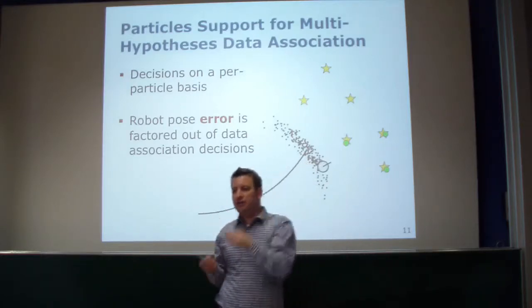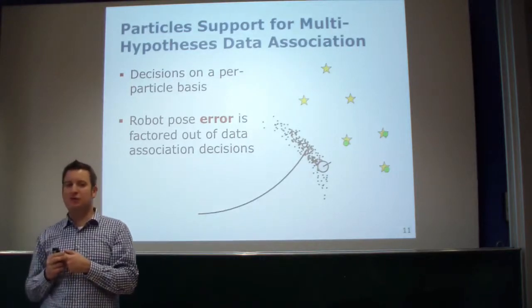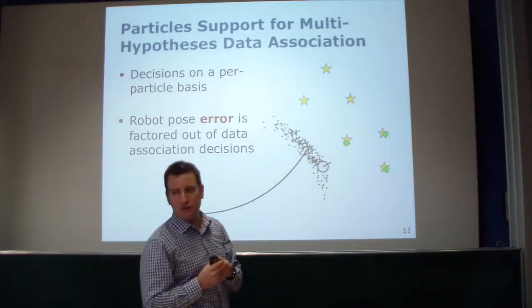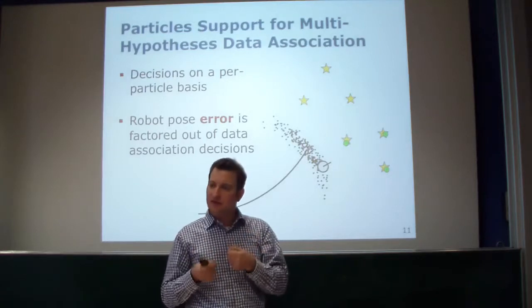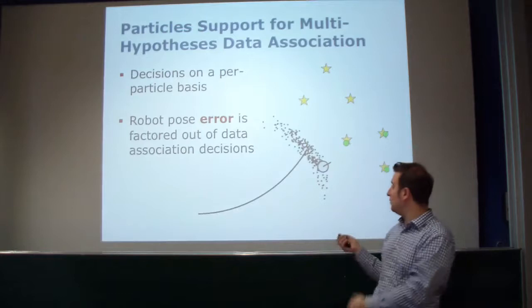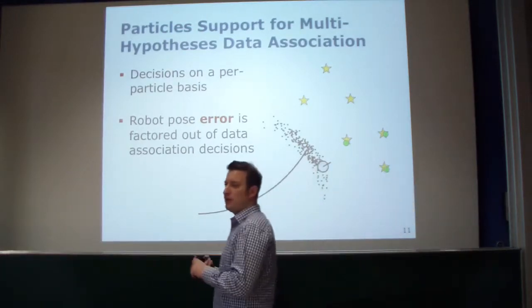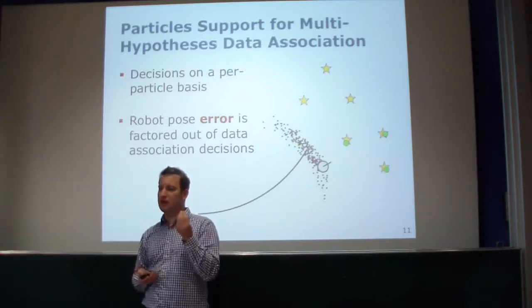So it's a much simpler form of data association, because every particle can assume zero pose uncertainty, and then the data association problem is simpler. That's actually what the particles do. So what we can do is an individual per particle data association, assuming that the current estimate of that particle is the right estimate.